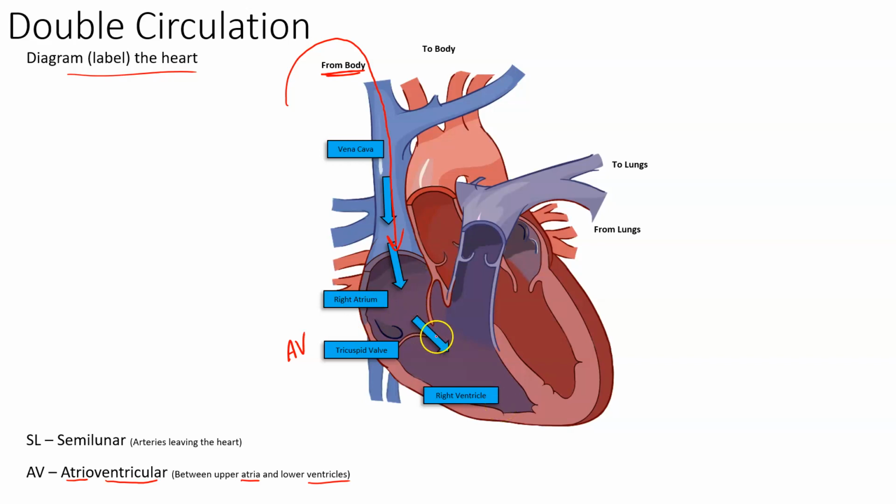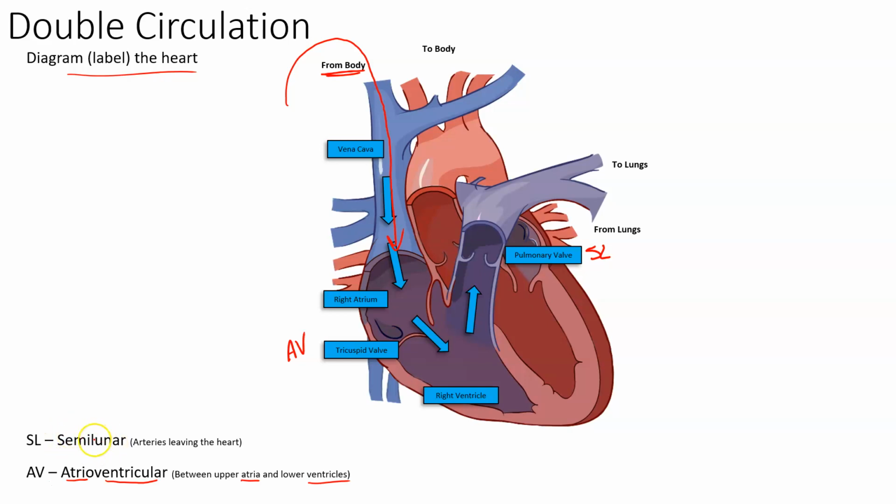When the blood moves into the right ventricle, the ventricle is going to contract, closing this valve, ensuring that the blood is sent up this particular vessel, moving through the pulmonary valve, which is not an AV valve. That would be the first SL valve, semilunar valve.